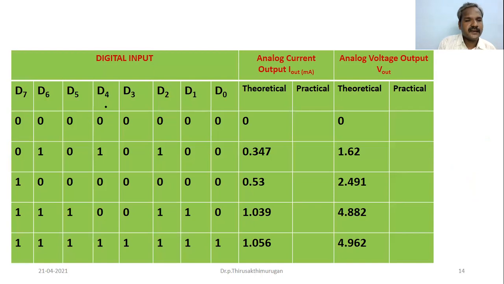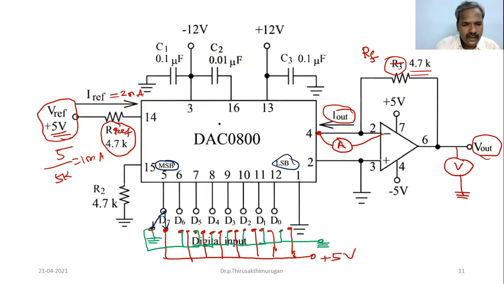After finishing this, let us make the tabular column like this. The digital inputs. First we have to calculate the theoretical current output and the theoretical voltage output. This is the theoretical current output. This is the theoretical voltage output. When all inputs D0 to D7 are grounded, first we have to do this operation.